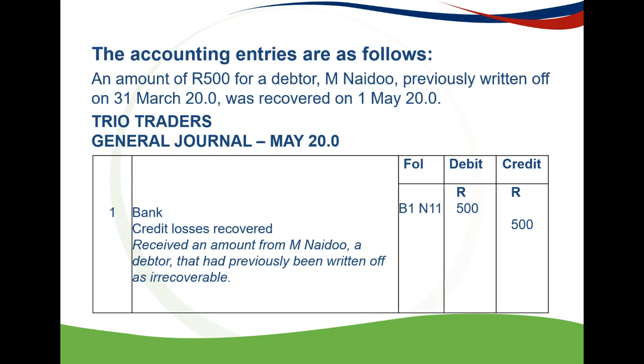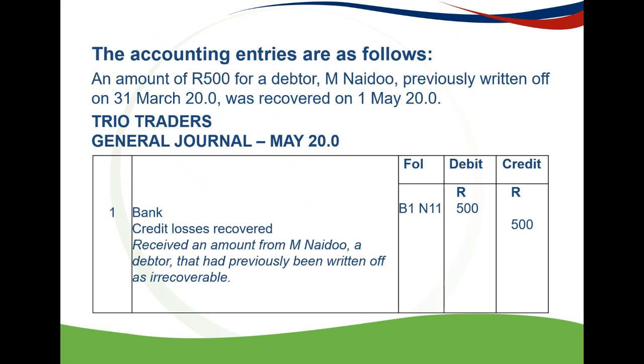Now, the accounting entries are as follows. If we look at this example, an amount of 500 Rand for a debtor, M. Naidu, previously written off on 31 March 20.0, was recovered on 1 May 20.0. So on 1 May, M. Naidu paid you the amount that you previously wrote off, which was 500 Rand.